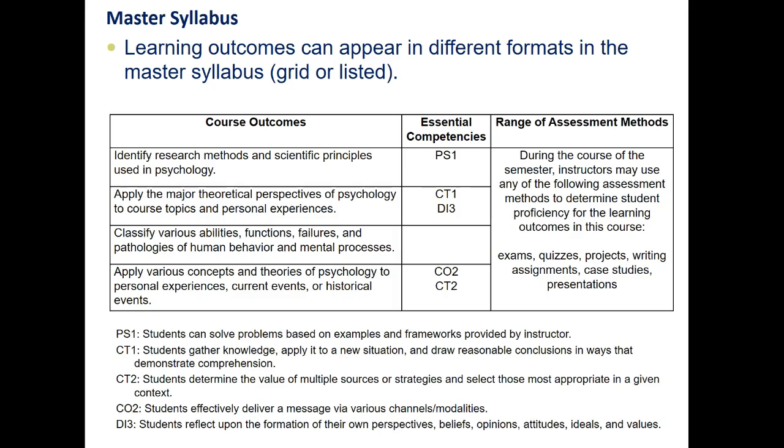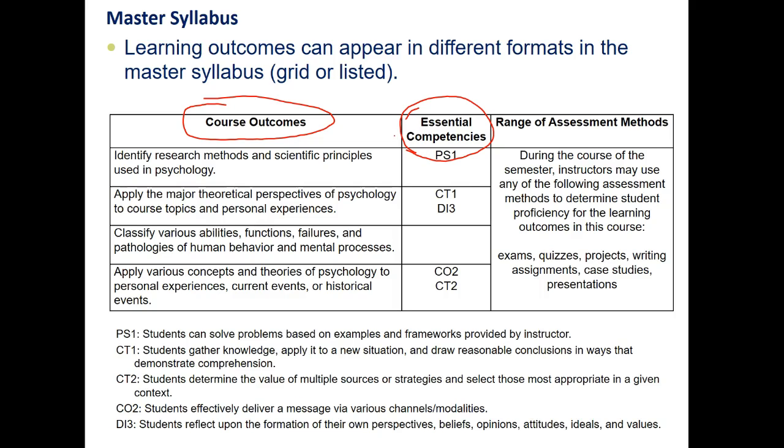In the master syllabus of the course you're teaching, you should see a list of learning outcomes. The course learning outcomes are specific learning outcomes to the course you're teaching. Most master syllabi also have a list of essential competencies.